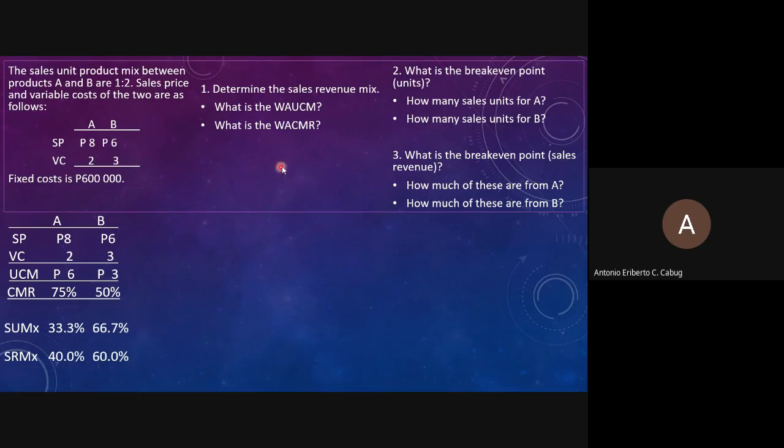Okay? Determine the sales revenue mix. Pwede nyo sabihin, ang sagot dito sa number 1, 8:12, or mas maganda, naka-percentage na, 40% is to 60%.